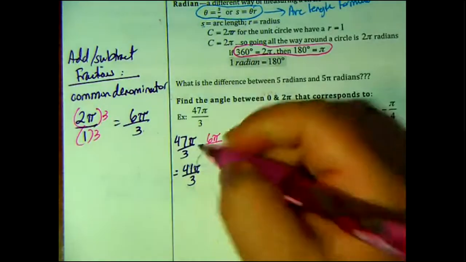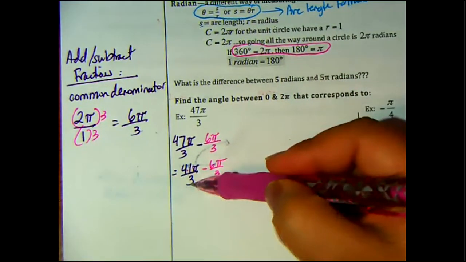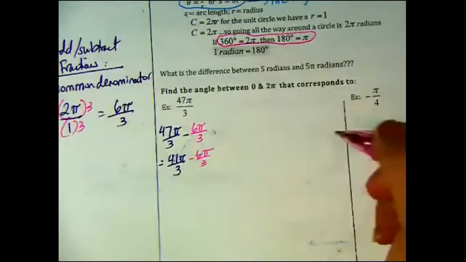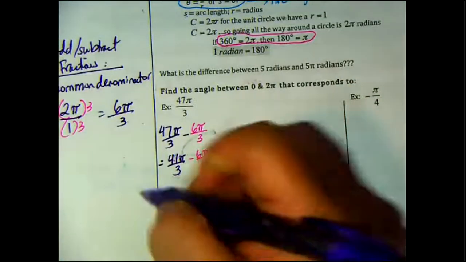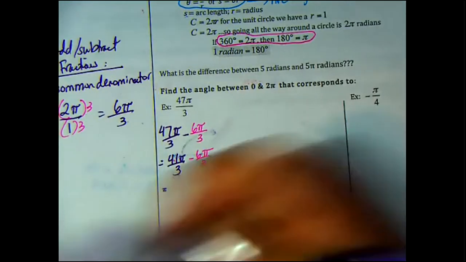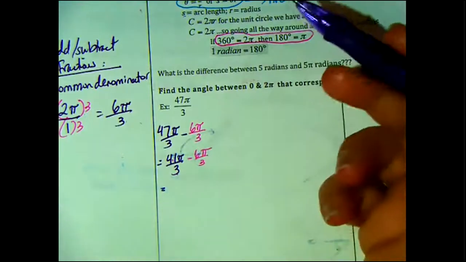I'm going to subtract another 6 pi over 3 because 41 divided by 3 is definitely larger than 2. Okay, we might end up doing this quite a few times actually. If you figure out exactly how many you need to subtract, you can just do a multiple of that, right? Make a shortcut for yourself.